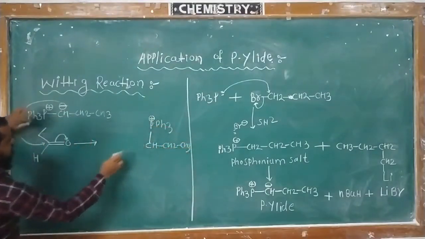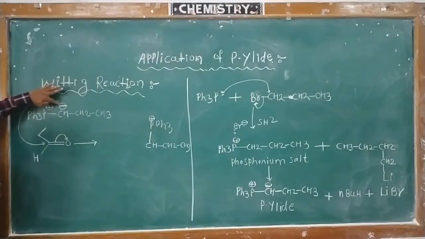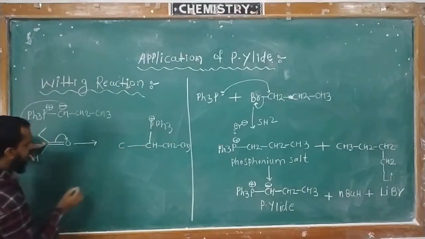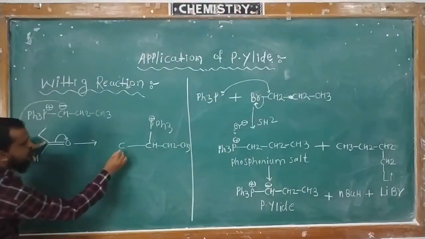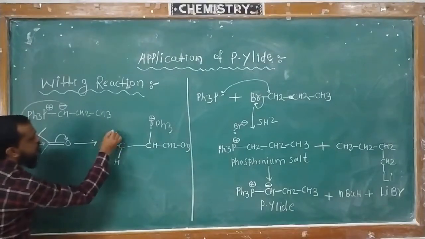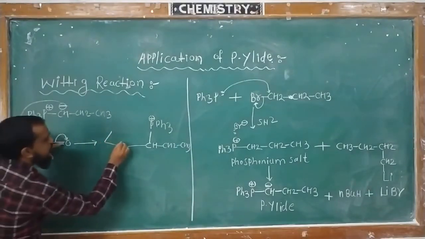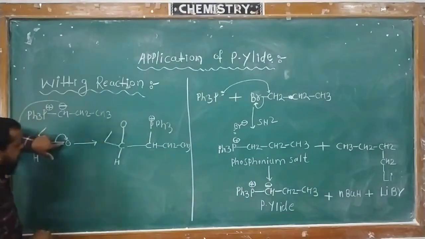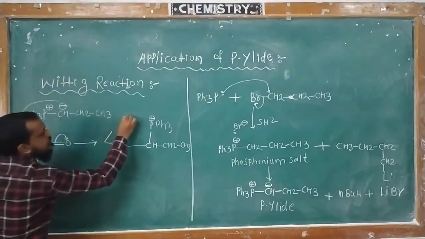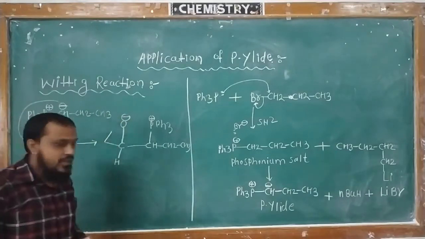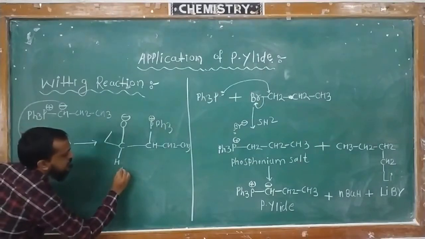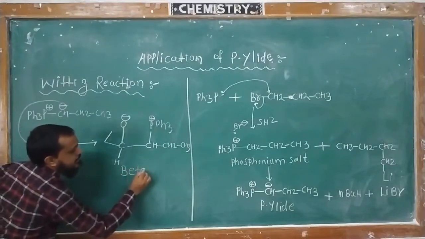This negatively charged carbon of the phosphorus ylide is bonded with this carbon atom, and this carbon has one hydrogen, one ethyl group, and one oxygen. The bond between carbon and oxygen shifts toward the oxygen, so oxygen becomes a negative species. So this intermediate is called the betaine intermediate.